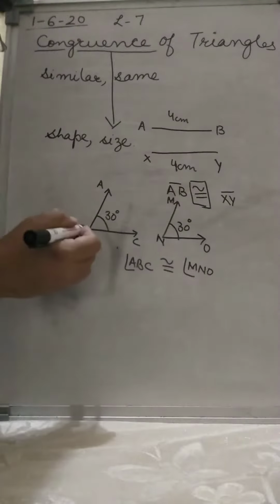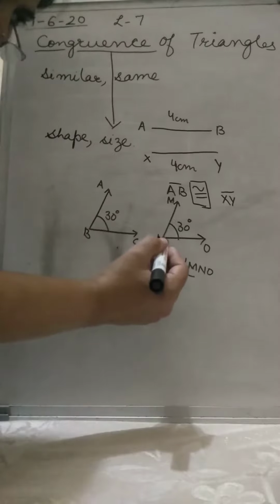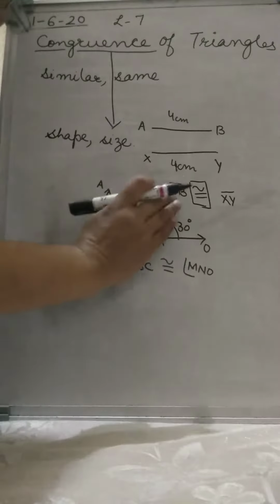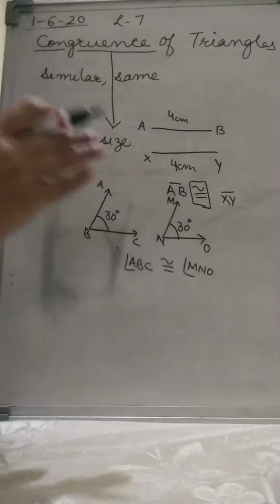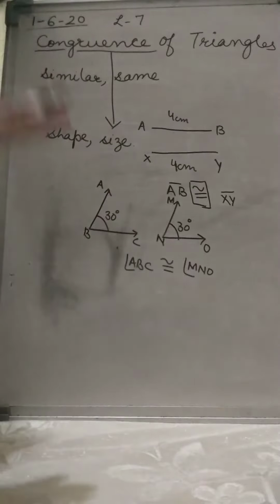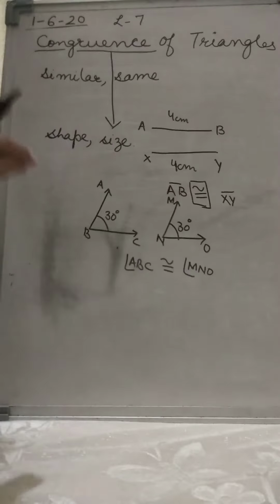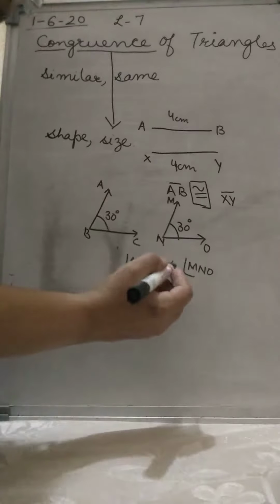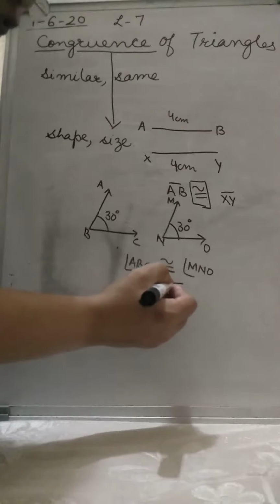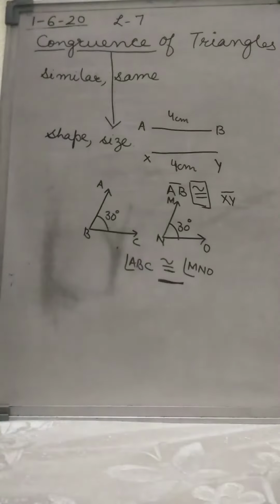If I keep the vertex B on vertex N, the arms will also coincide. Coincide means they will come exactly on top of each other. Okay? So this is the meaning of congruent, and this is the sign of congruence.